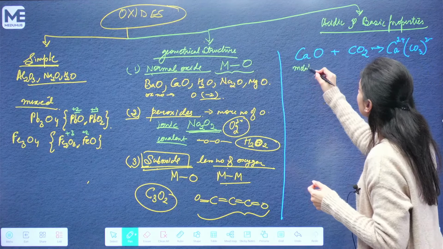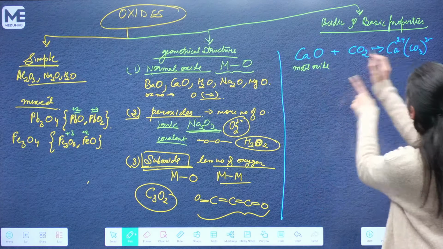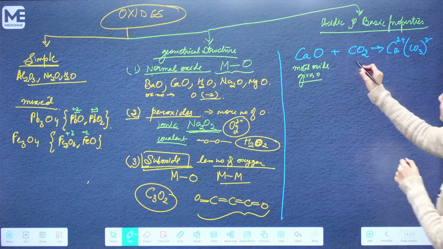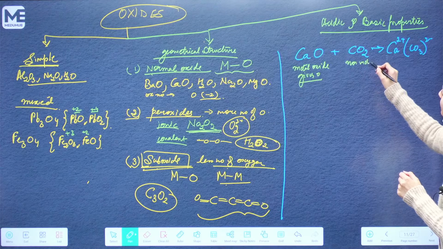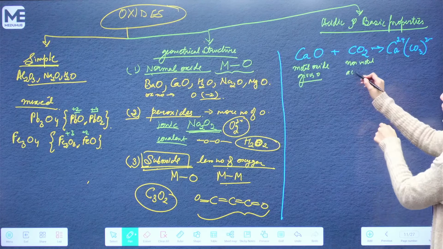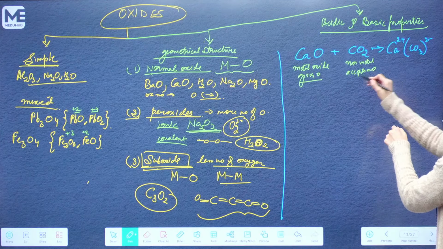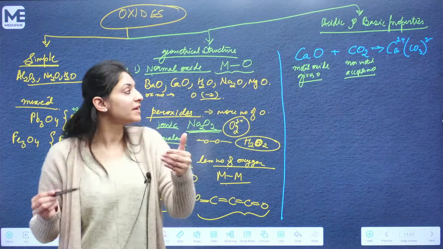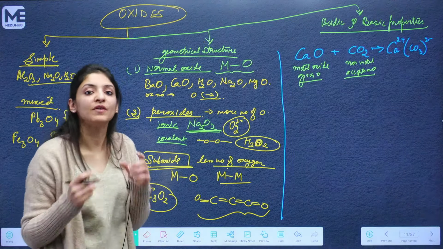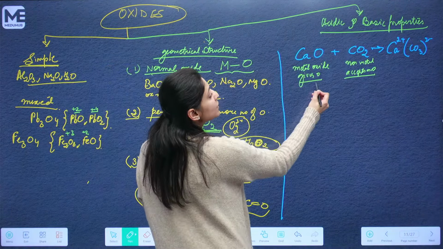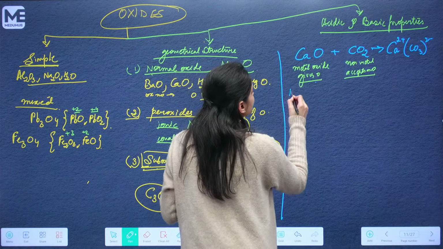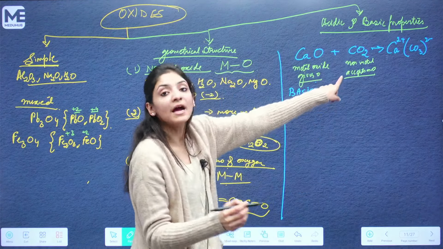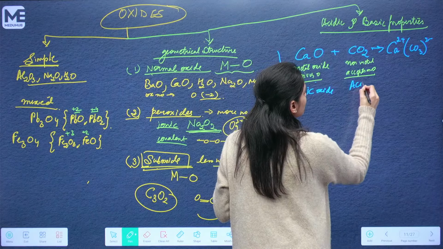This metal oxide gives an oxygen and forms Ca2+, and this non-metal oxide accepts an oxygen and forms CO3 2-. According to the Lux-Flood definition of acidity and basicity, the oxide which gives an oxygen, a metal oxide, is a basic oxide, and the oxide which accepts an oxygen is an acidic oxide.